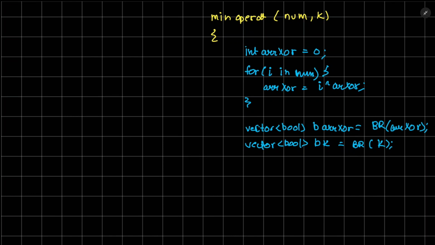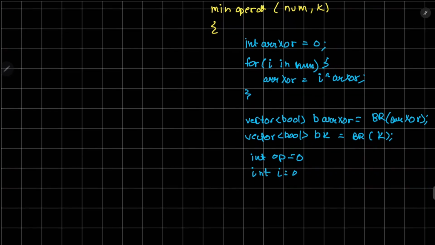Okay, so for that what we will do is, make a variable int op equals to 0, and iterating in index, let's say i equals to 0, and now we will traverse both the representations, both the vectors, this and this, simultaneously.